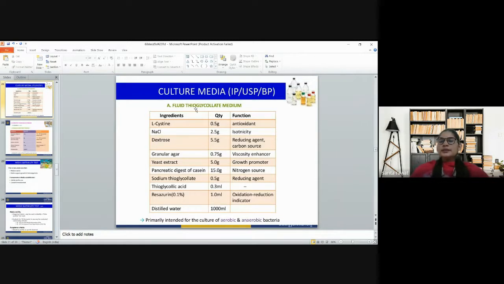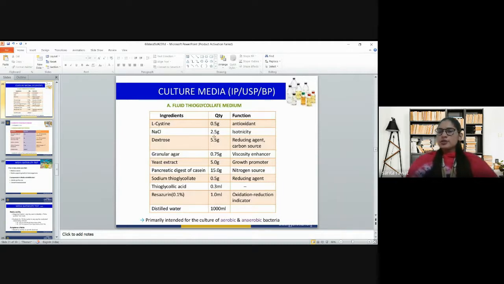Now, culture media according to the IP, USP and BP. For fluid thioglycolate medium, the ingredients are: L-cystine, quantity 0.5 gram, its function is antioxidant.